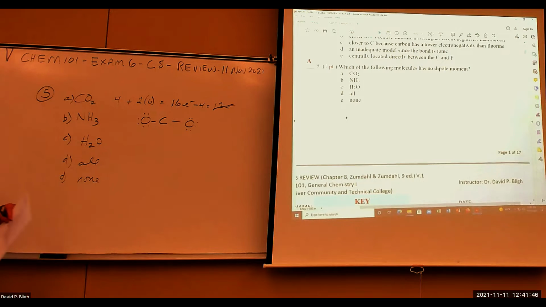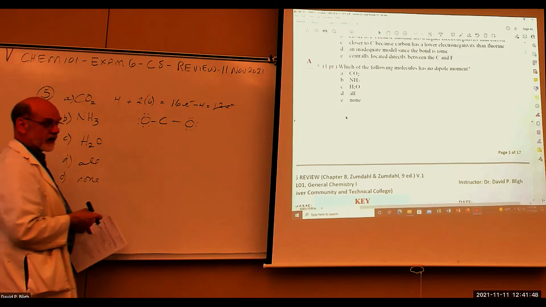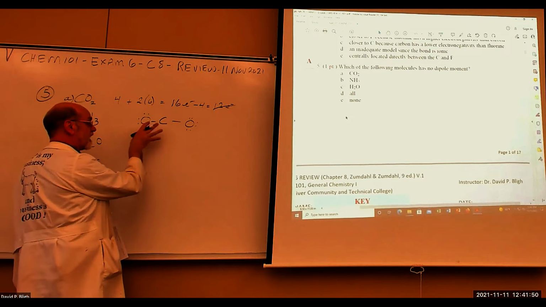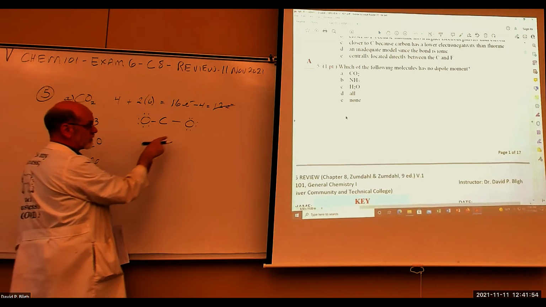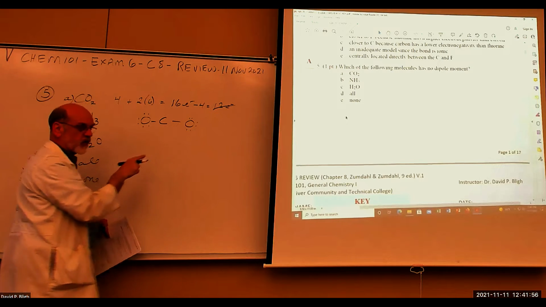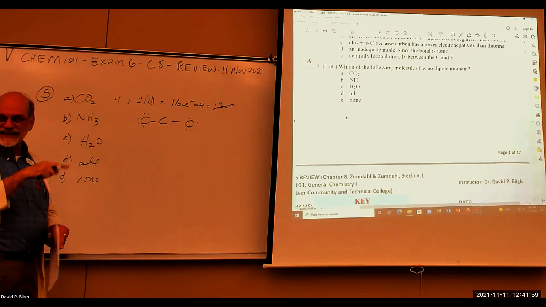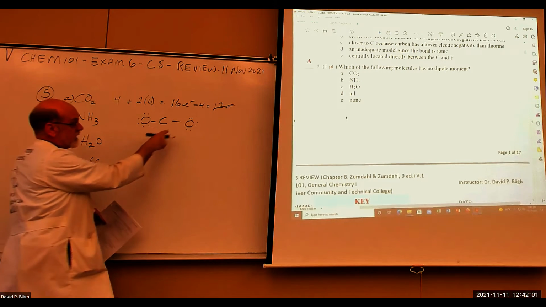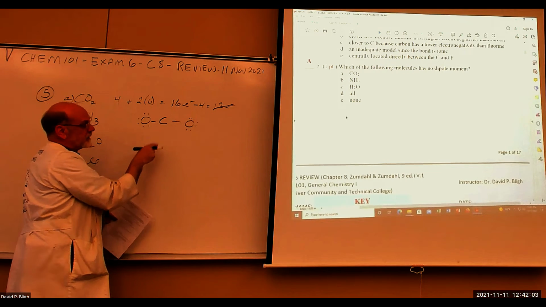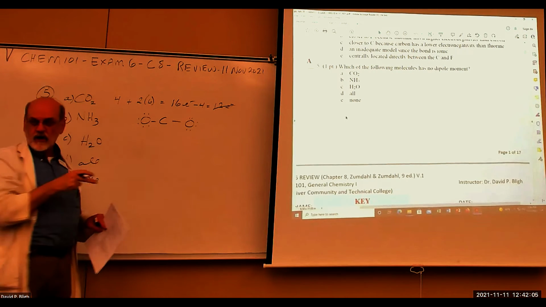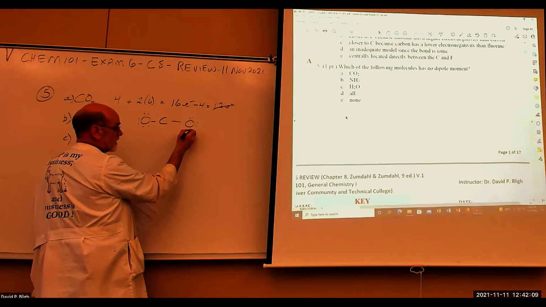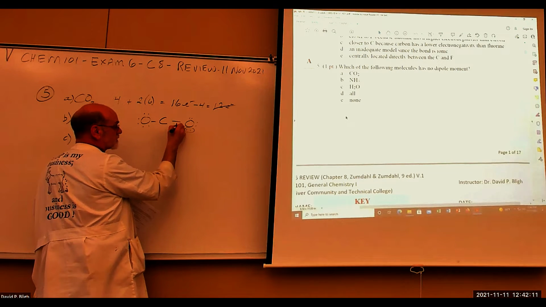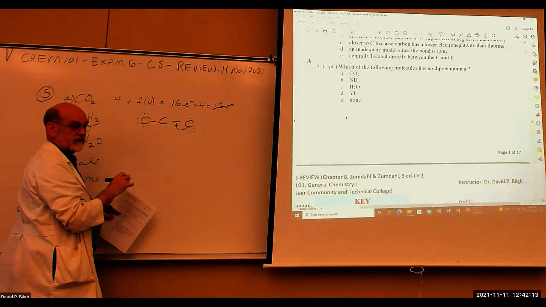Okay. Now you try to make an octet, if at all possible. So how do we make an octet out of this? Carbon has no more electrons. So we have to borrow from oxygen in such a way that we retain the octet for oxygen because it already has an octet, 2, 4, 6, 7. And gives carbon an octet also. So the simplest way is to make a double bond right there.